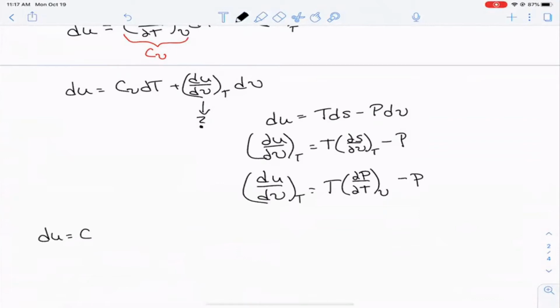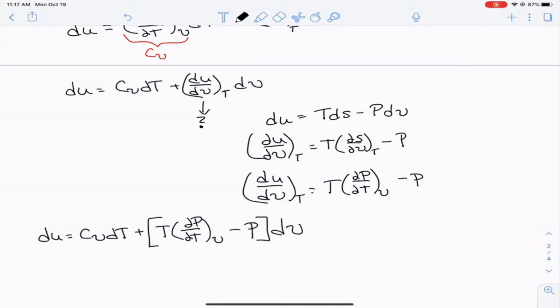So dU is equal to C_V dT plus T times (dP/dT) at constant V minus P, times dV. All I've done here is insert this expression for (dU/dV) at constant T into the term that we had here.